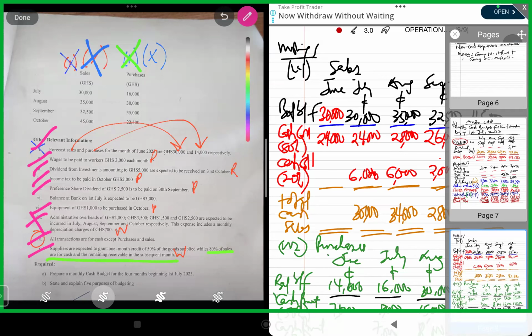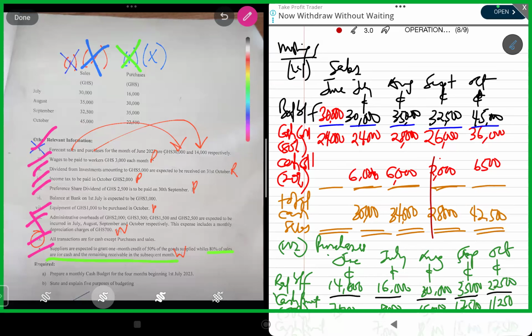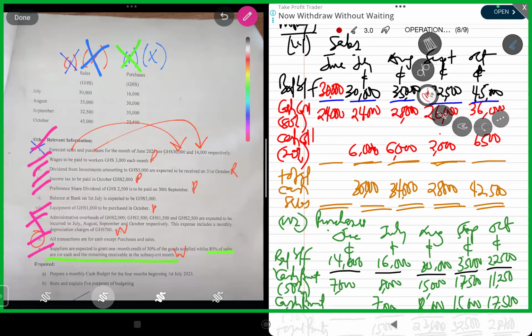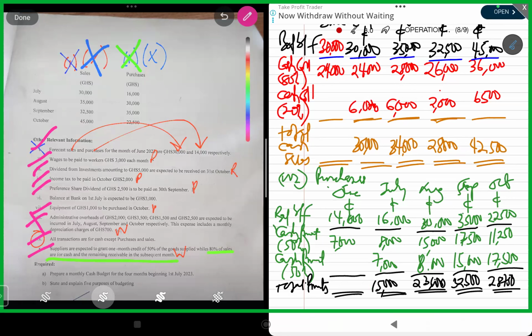So it means they have to pay 50% in the same month on the spot, but the subsequent 50% will be paid the subsequent month. So we had to go and search for the cash components of the payments. Which month did we actually pay in cash? Then we added all the total cash payments for all the months and reported the total cash payments in our cash budget as working 2 under payments.